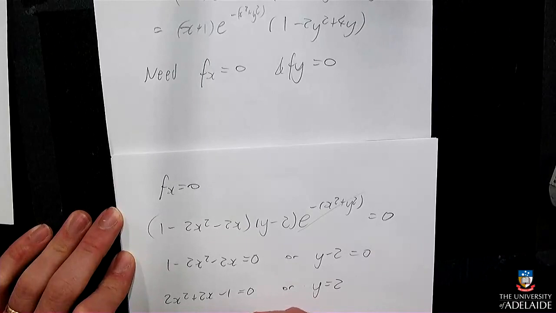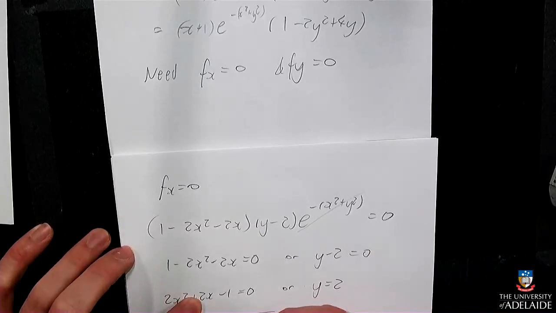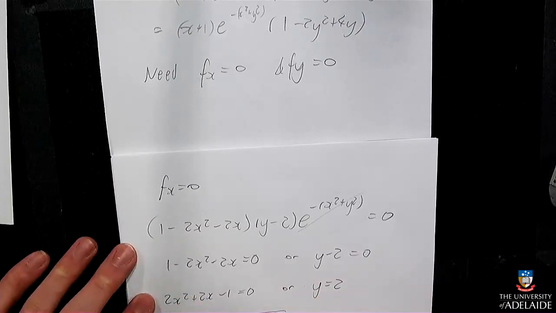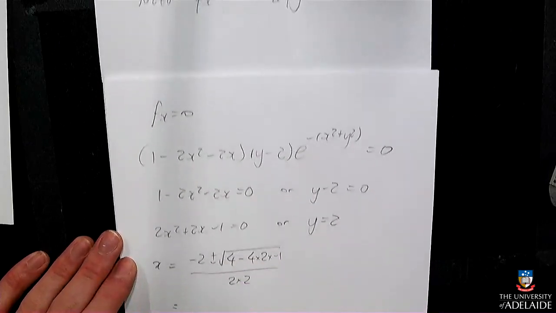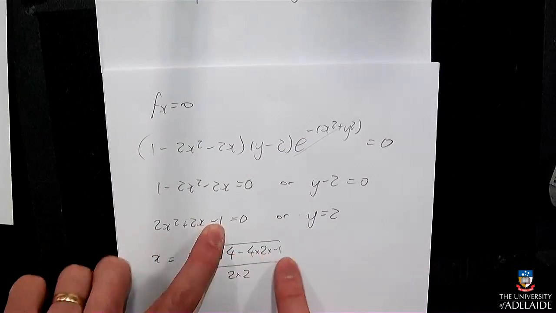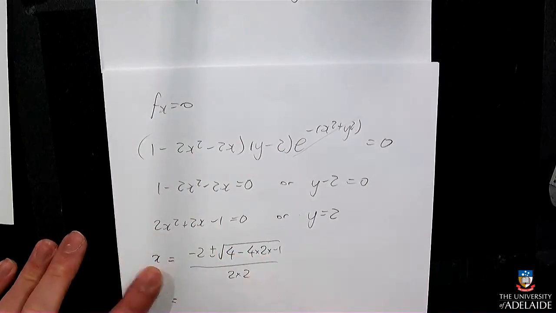Minus b plus or minus the square root of b squared minus 4 times a times c, over 2a.